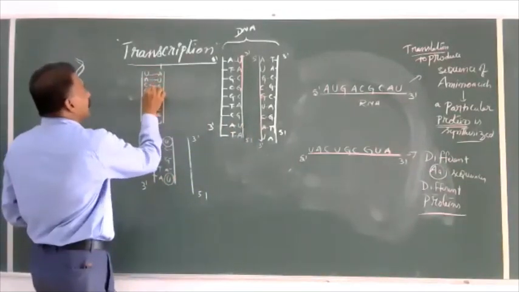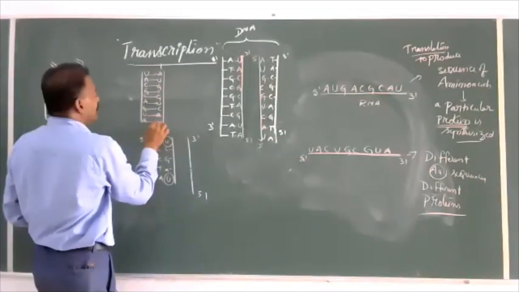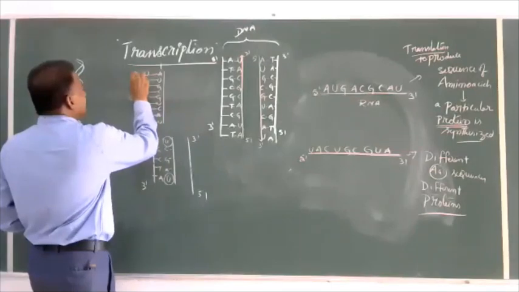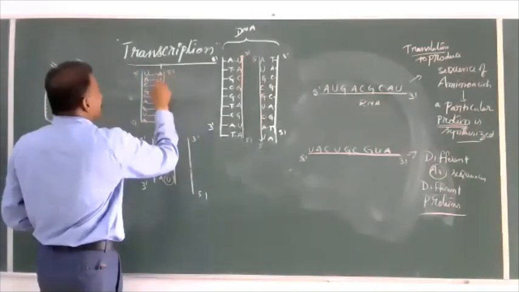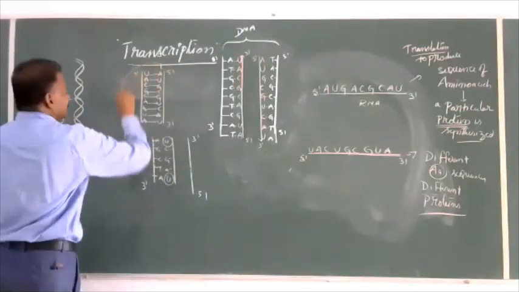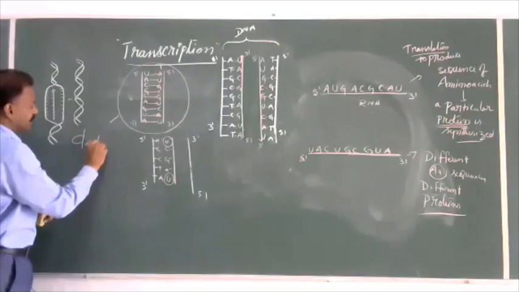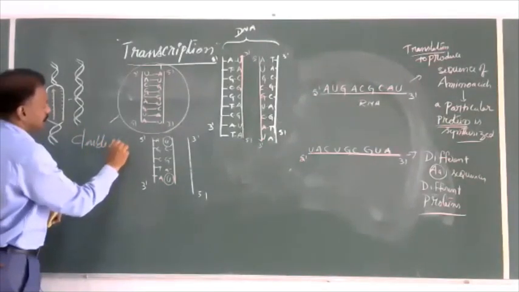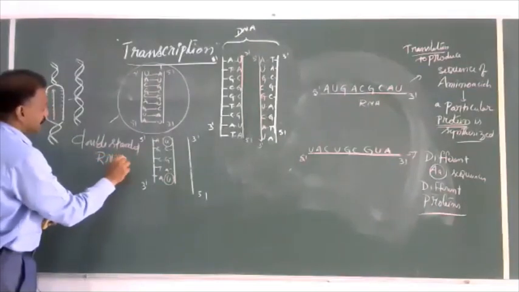They form bonds, GC, CG, AU, GC, UA, AU. Now this is considered as double stranded RNA.